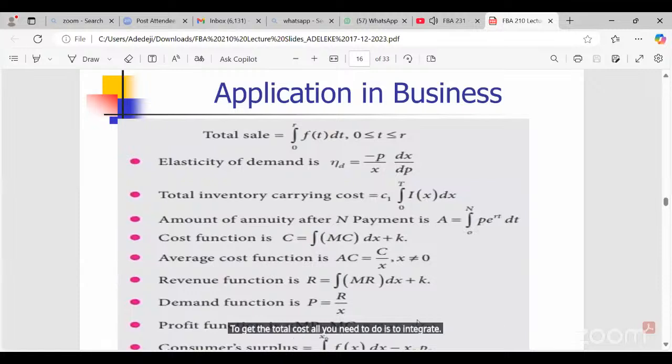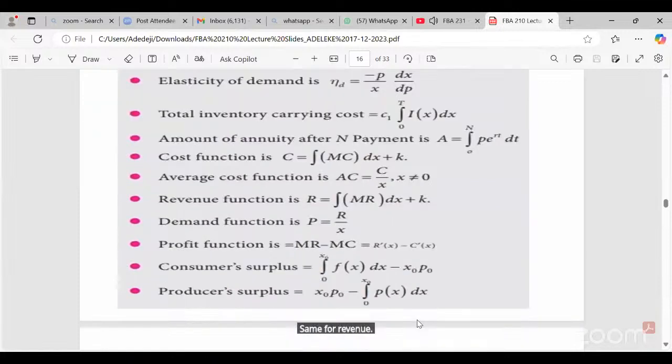So that is how integration can be deployed in the area of the cost function. Same for revenue. If you have marginal revenue, integration of the marginal revenue will lead you to the total revenue.